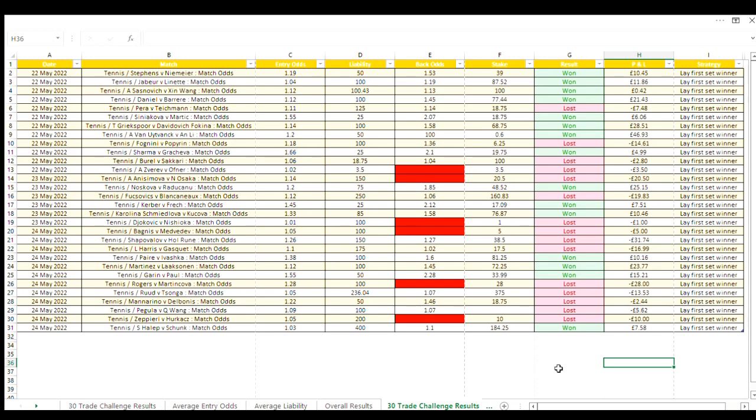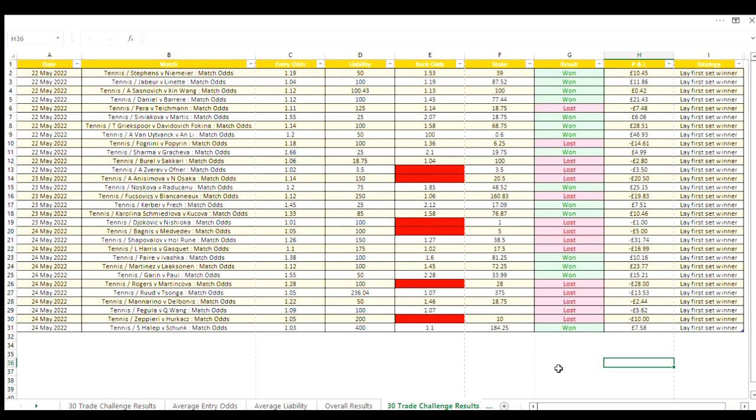Then we've got what the match was, the entry odds that we got in at, the overall liability used at the time, the back odds that we would have used to come out at, the stake that we would have used to do that, the overall result, did we win or lose the trade, the overall profit and loss, and the strategy. So clearly you can see for all of the 30 trades I did the first set winner strategy, and as I say, click the link above to the playlist for the actual challenge itself.